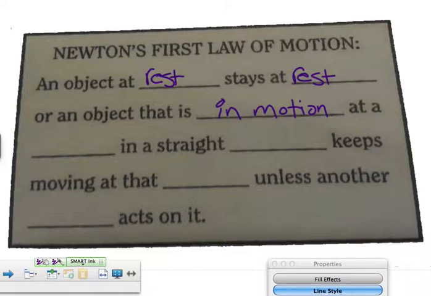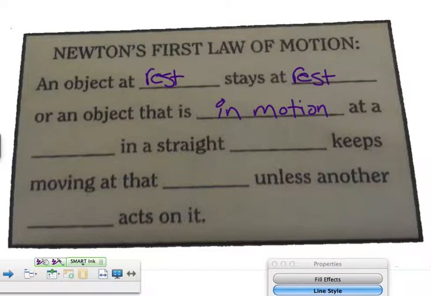So Newton's first law states that an object at rest will stay at rest, or an object that is in motion will stay in motion unless acted on. What you're missing something.